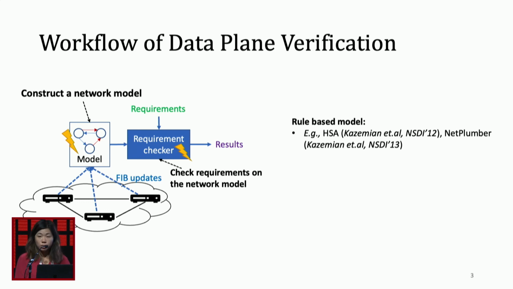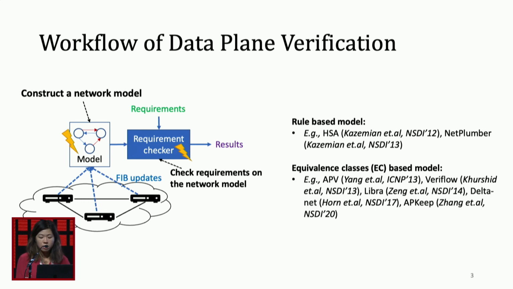In order to increase scalability and performance, people have looked at different optimization methods, such as equivalence classes. This is a very well-known approach. Equivalence classes essentially capture the header spaces where all the packets share the same forwarding behavior. So you can create a forwarding graph and then perform the checks on this graph.